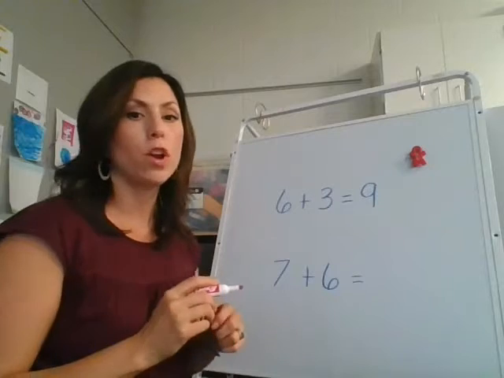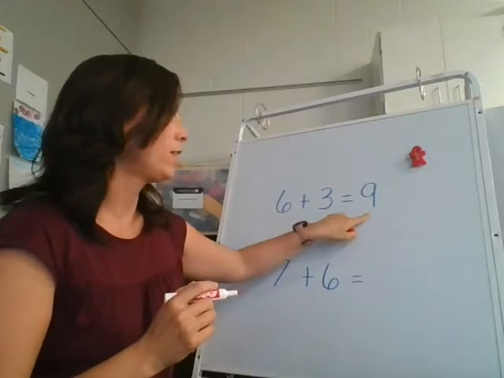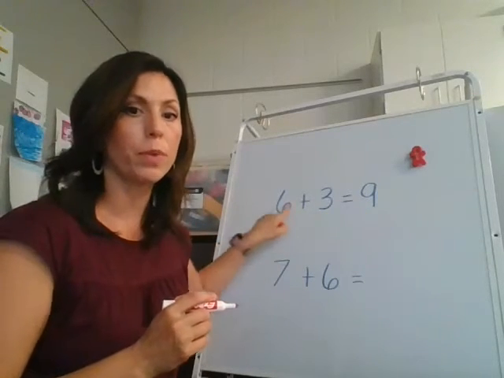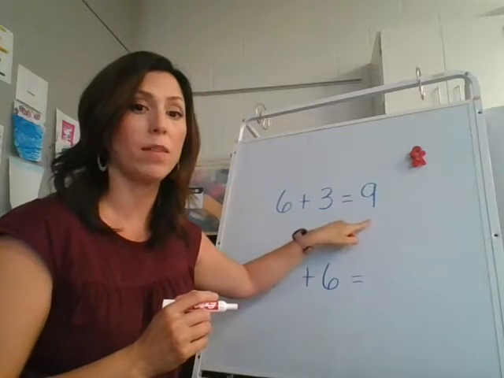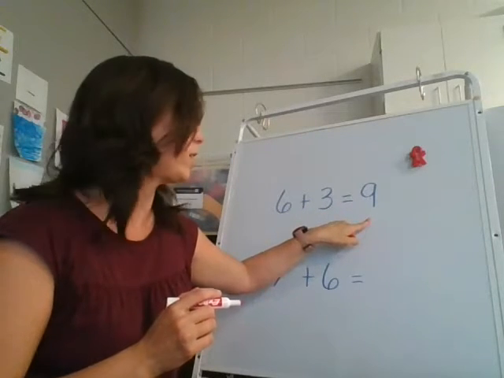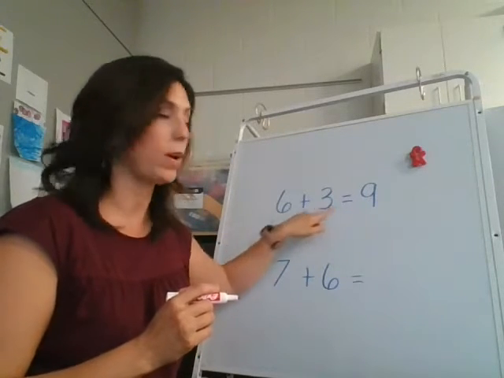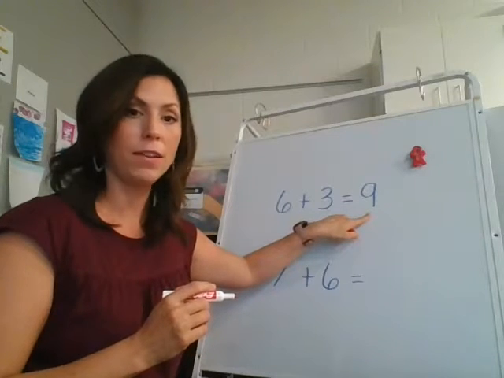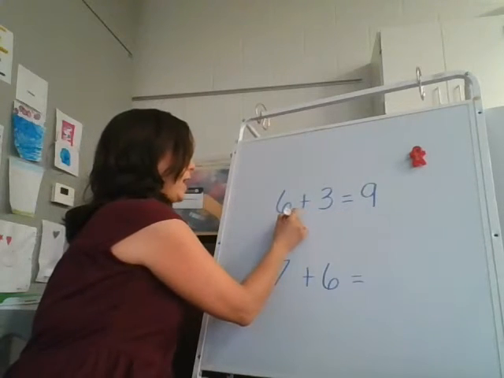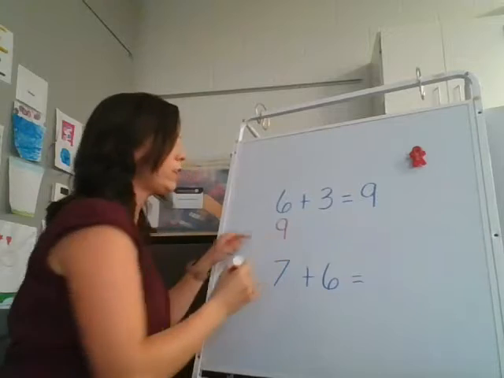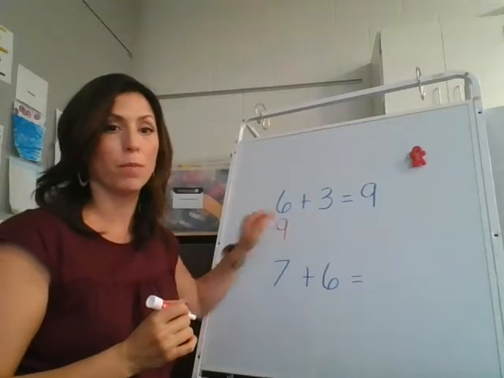And how we would know that is we could take the biggest number, because when we add, we get an even bigger number than the biggest number that we started with.